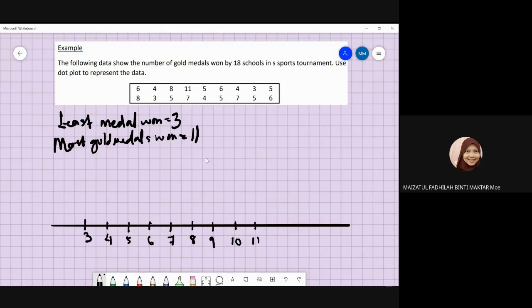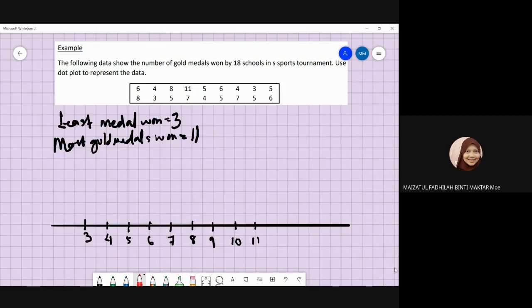After you draw the horizontal line, plot a point for each item on the number line. You can go one by one. Depending on you, you can follow the list of numbers, or follow the values on the horizontal line.